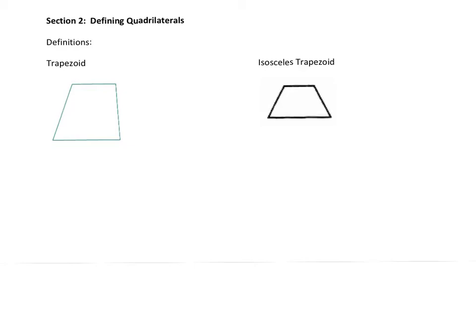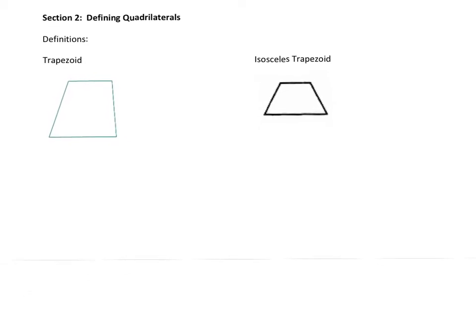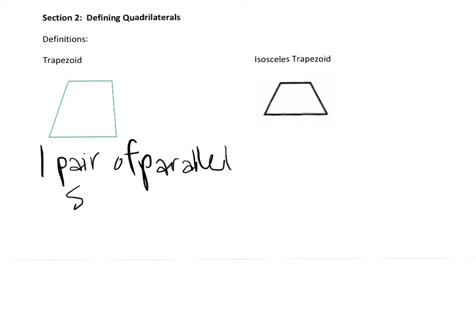So our first quadrilateral is a trapezoid. And what we know about trapezoids is that they have one pair of parallel sides. And it's kind of obvious in this picture that it would be these two sides are parallel.